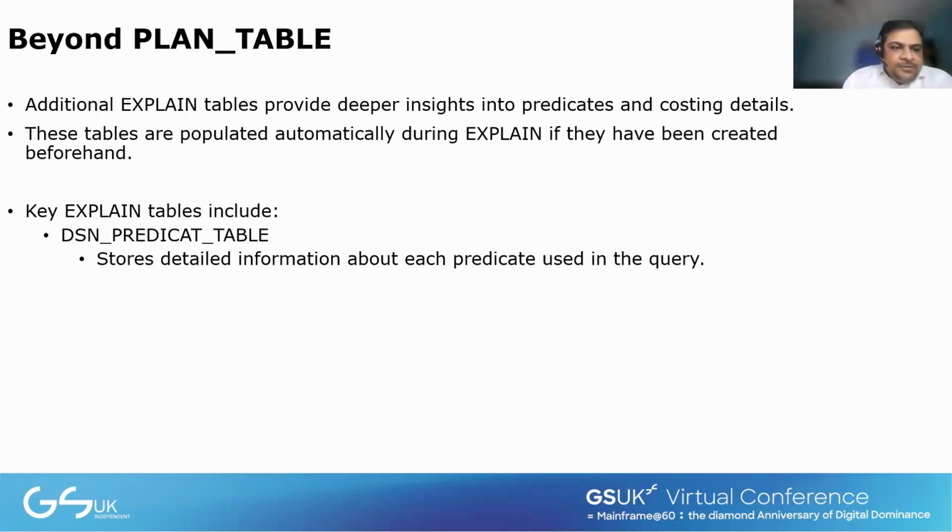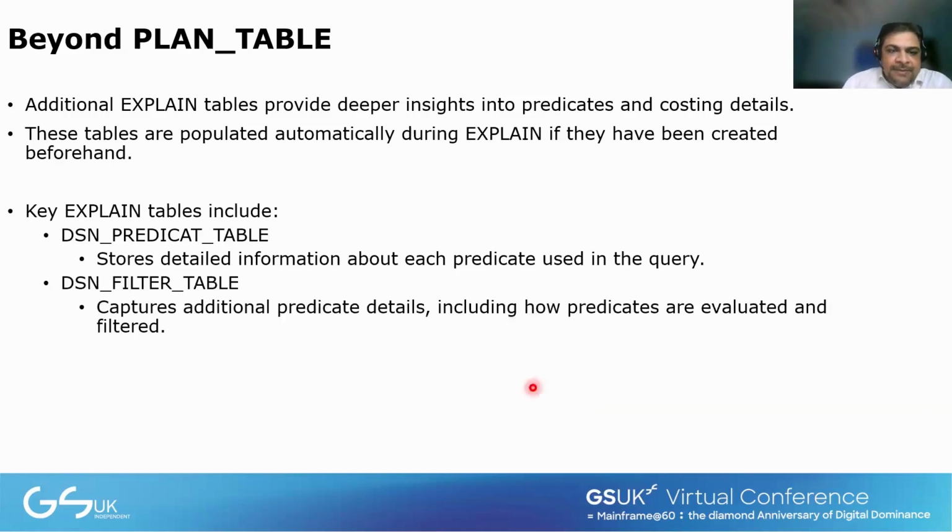Just to give you an idea about a few of the key tables: the predicate table stores detailed information about each predicate used in your query. The filter table captures the additional predicates and how the predicates are evaluated and filtered. As you put 3 or 4 predicates, how much data is getting filtered? You may have 1 million rows in a table but are filtering down to 10 rows.